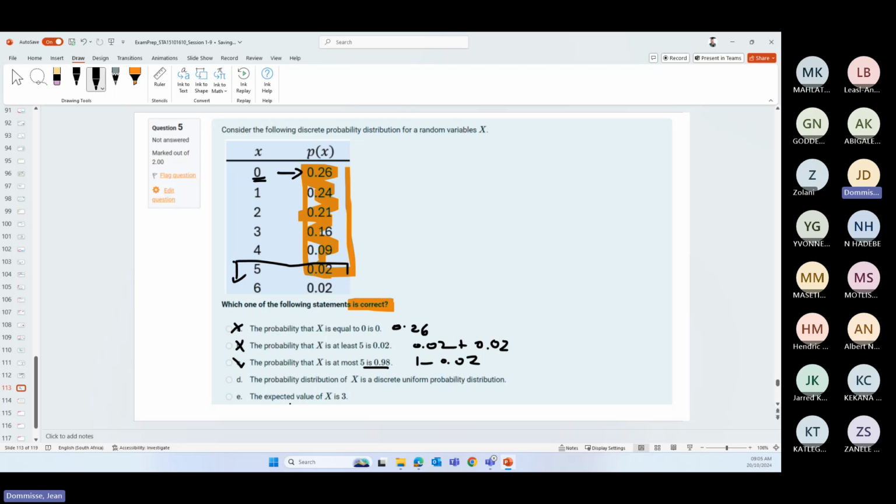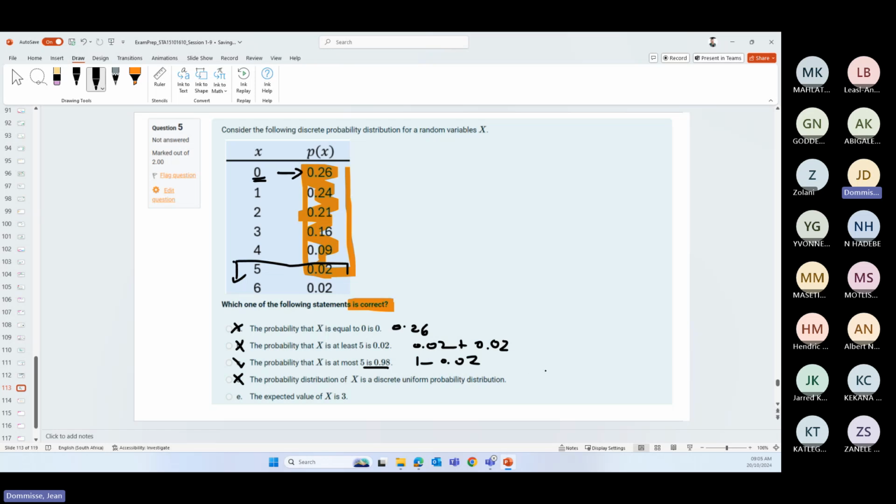Let's just look at this: the probability distribution of x is discrete uniform probability. Okay, so uniform would have meant that everything is the same. So it is definitely not a uniform probability. So that is incorrect.